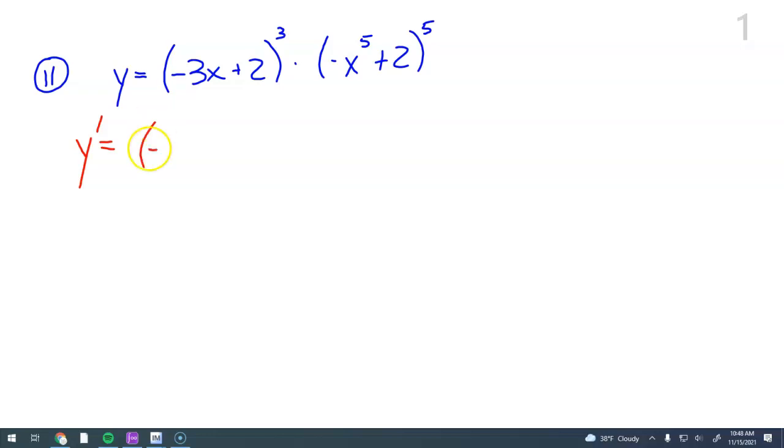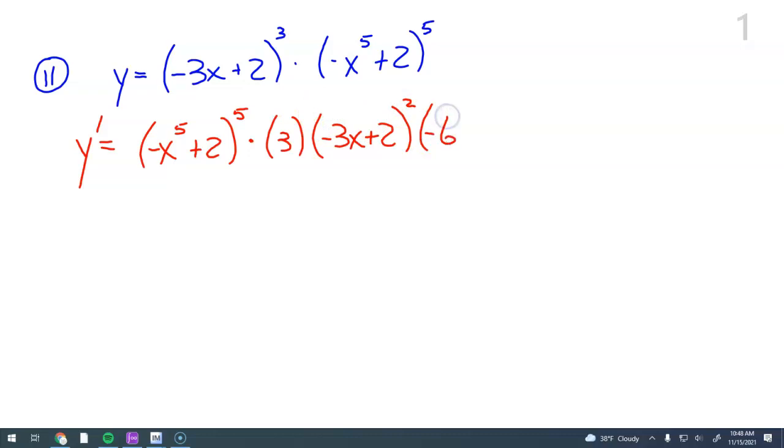So, the second thing times the derivative of the first thing, but for the derivative of the first thing, I need chain. So 3, leave the inside alone, reduce the power by 1, multiply by the derivative of the inside. That's too big, I gotta do that again.